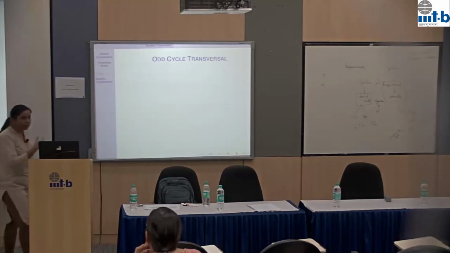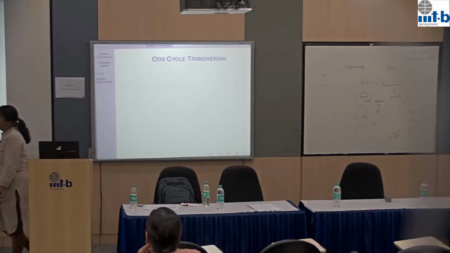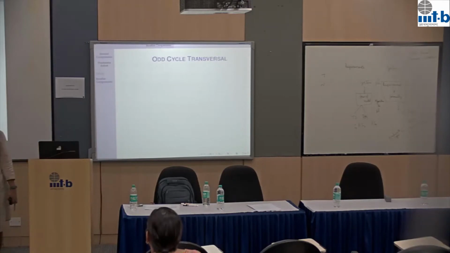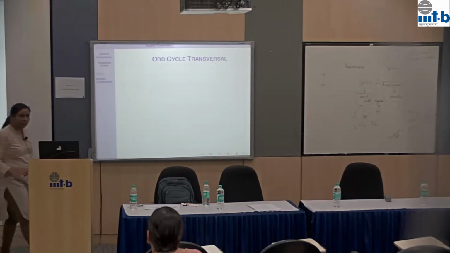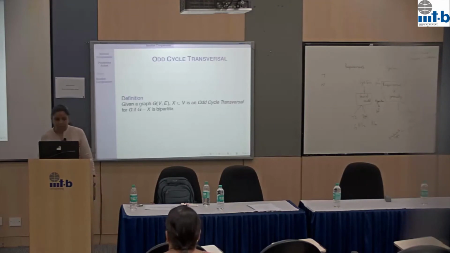Okay, so you delete some vertices such that the resulting graph does not have an odd cycle. What is that graph? A bipartite graph. A graph which has no odd cycle is bipartite. Okay. So this is the problem.